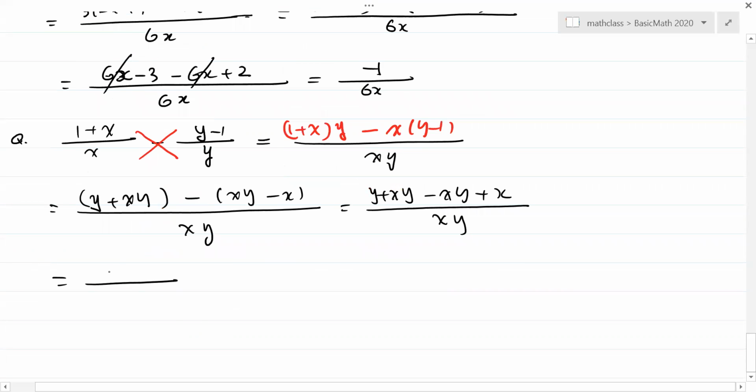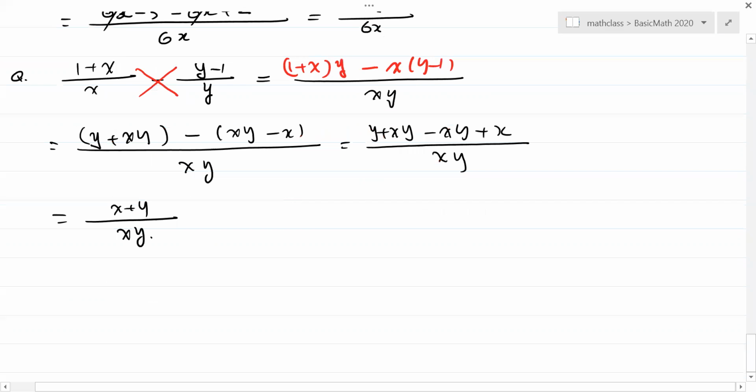You get y plus x, so x plus y. Okay, so that is the simplified term. Did you get this? Right, let's try one more, okay?